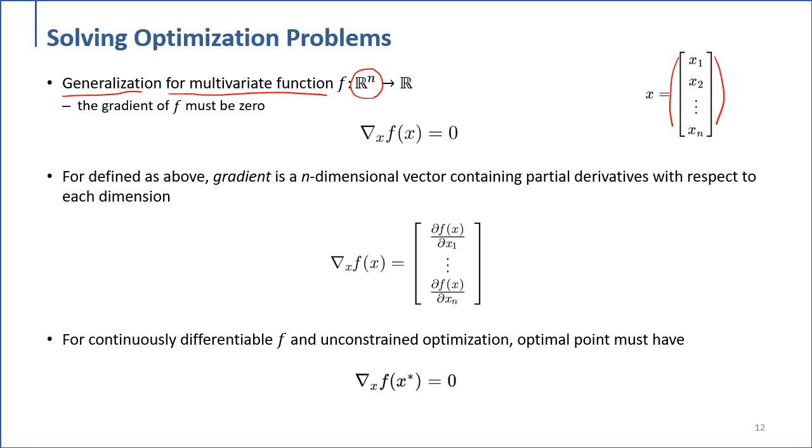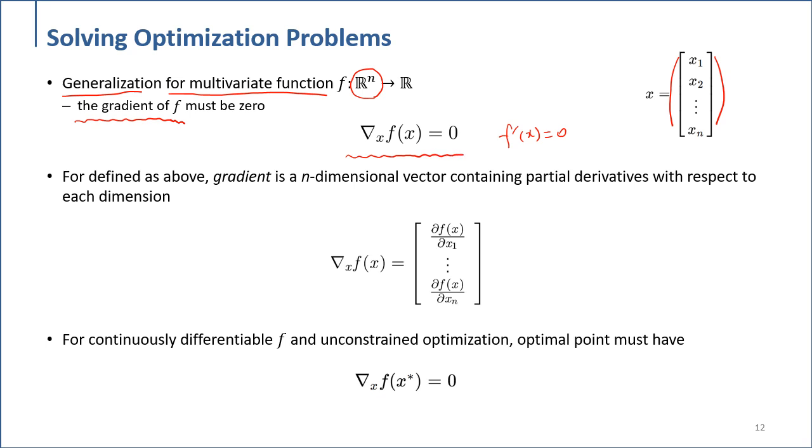Similar to the one-dimensional case, to solve this optimization problem we need to calculate the gradient of f. Instead of getting the point where f prime x is equal to 0, we need to calculate the point where the gradient of f becomes 0.